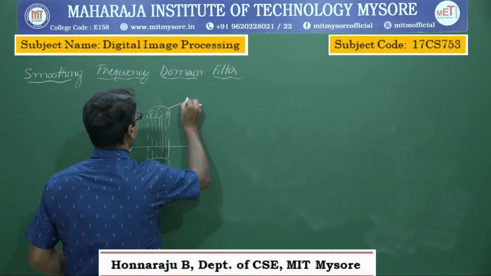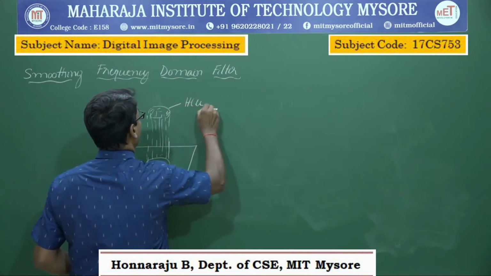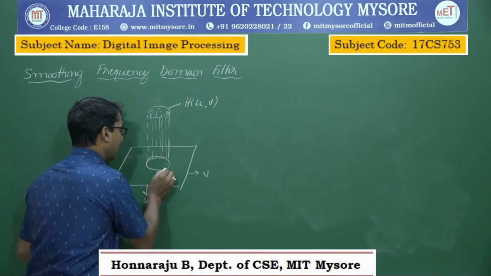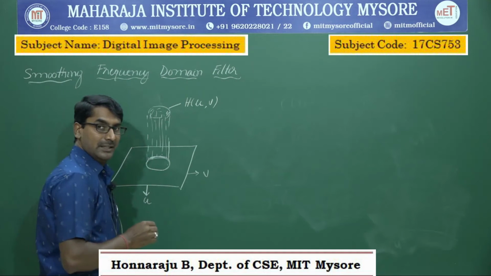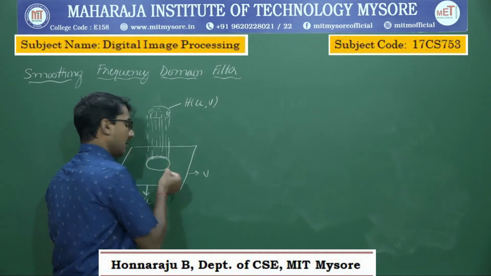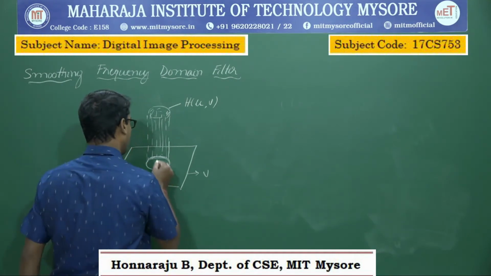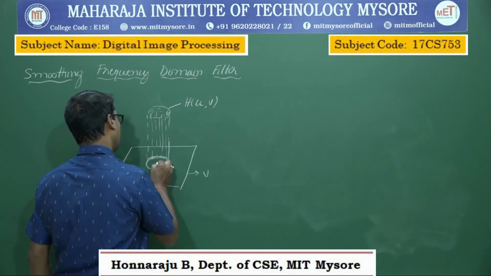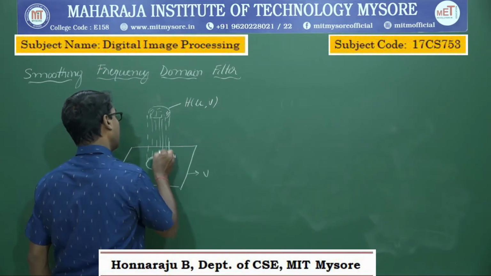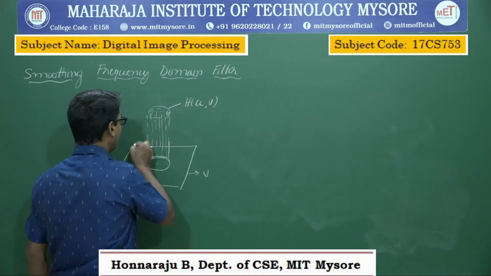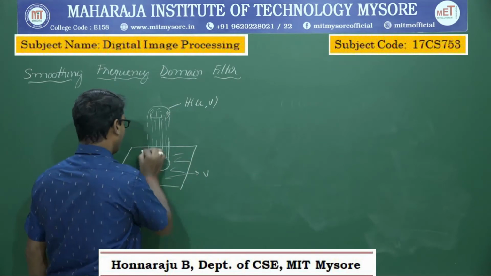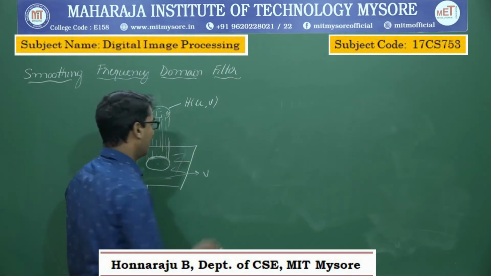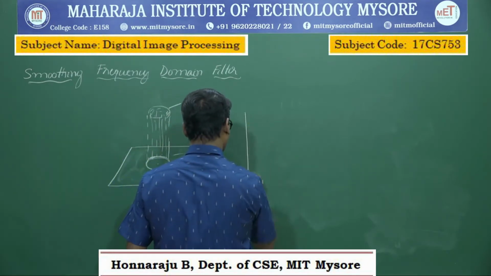This is H(u,v). It allows only the frequencies less than D0, considered from the center. If the distance value is less than the cutoff frequency, it is allowed, and the remaining frequencies are attenuated.